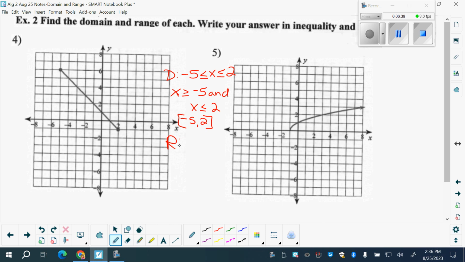So what is the y value at that point? -1. So that's our smallest, -1, less than or equal to y. And less than or equal to, what's the y value there? 6. Yes.